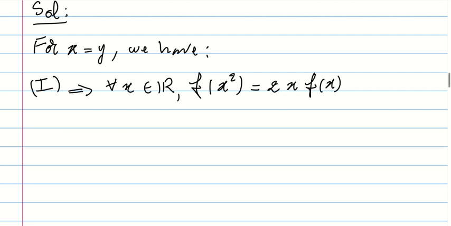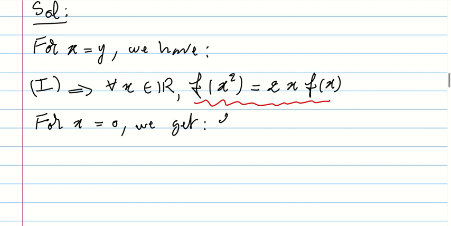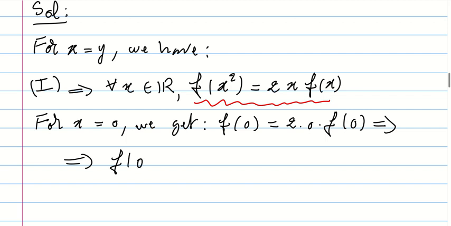And in this equation, for example, for x equals 0, we get f of 0 equals 2 times 0 times f of 0, which implies that f of 0 equals 0.